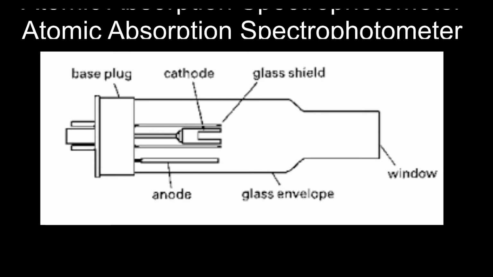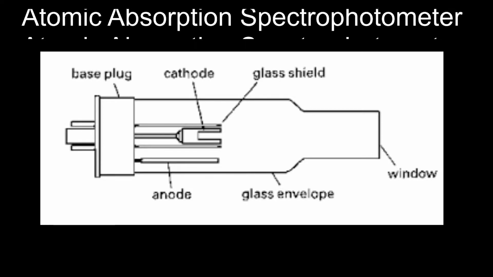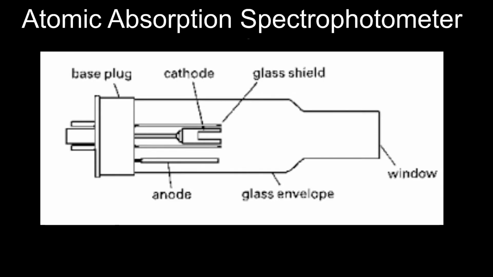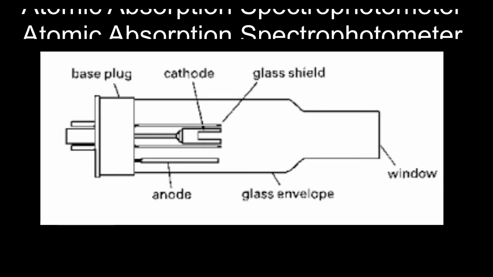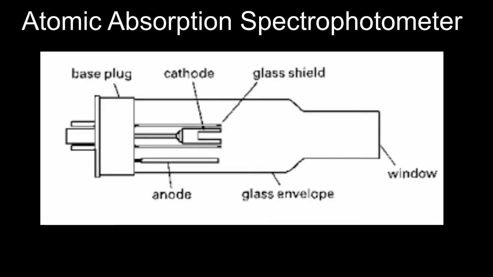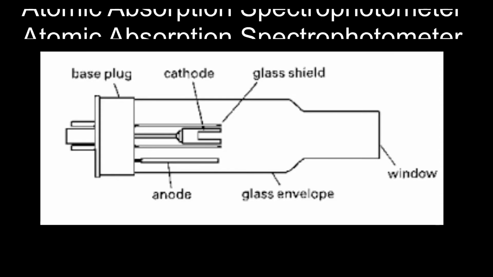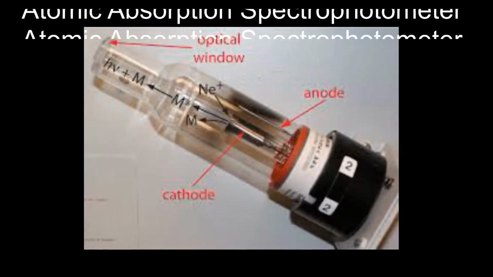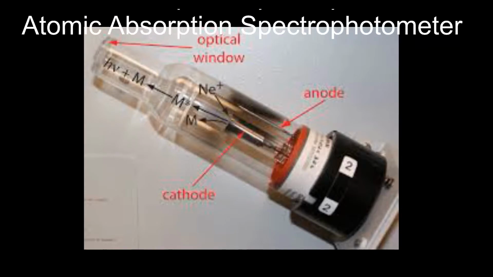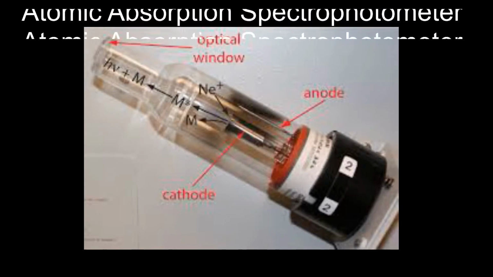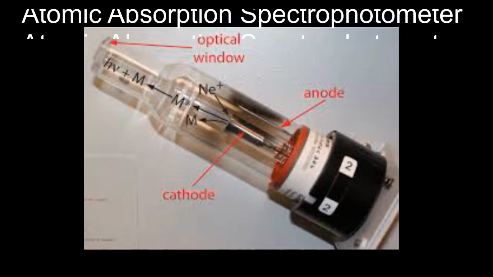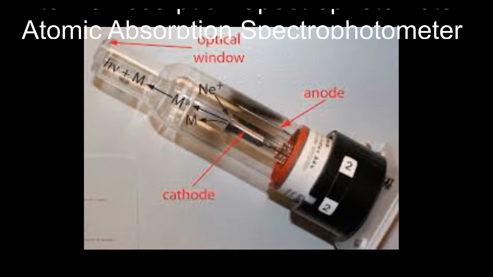This is the disadvantage of this technique, that for every element to be analyzed, you need a different hollow cathode lamp. Now let's see how the commercially available lamp looks. So this is how you will have to store several lamps depending upon the number of elements which we want to detect for the different samples.